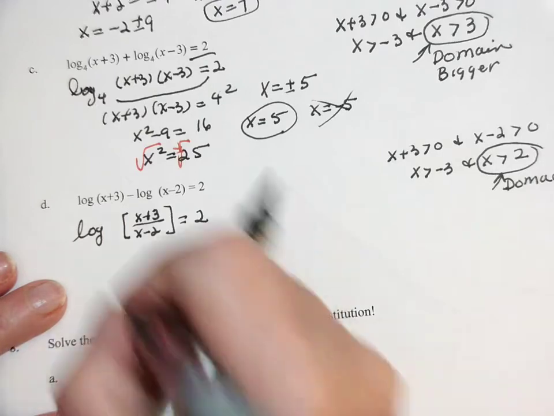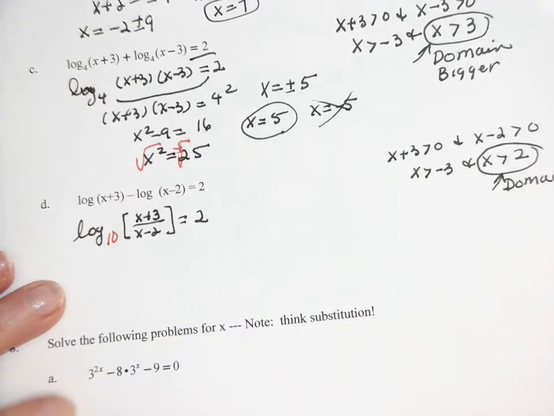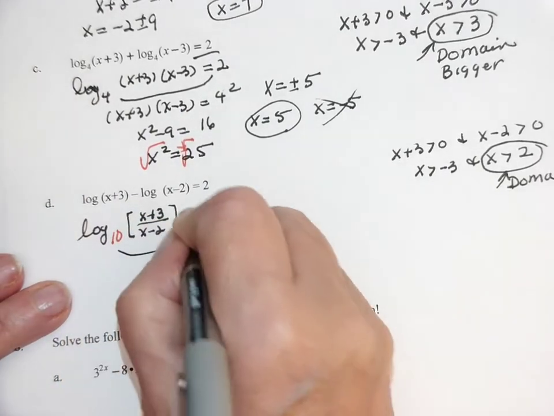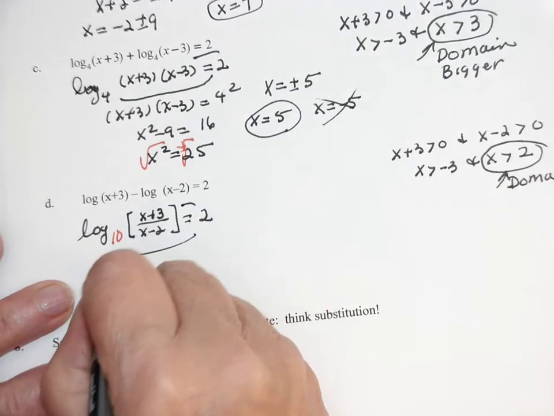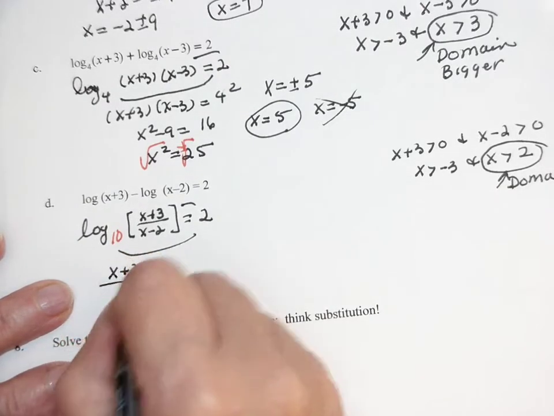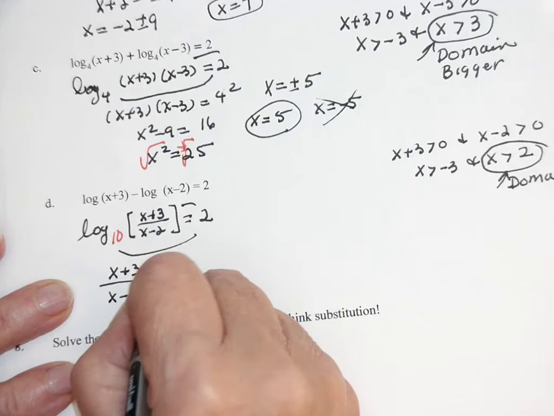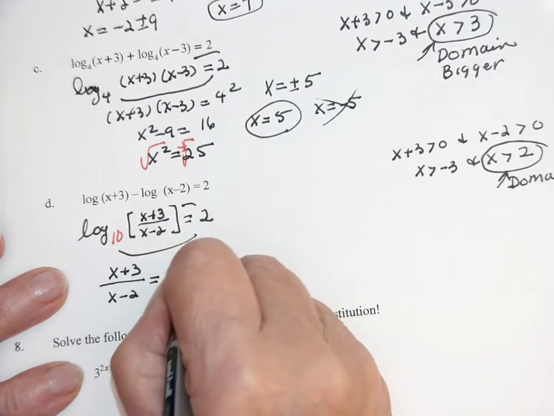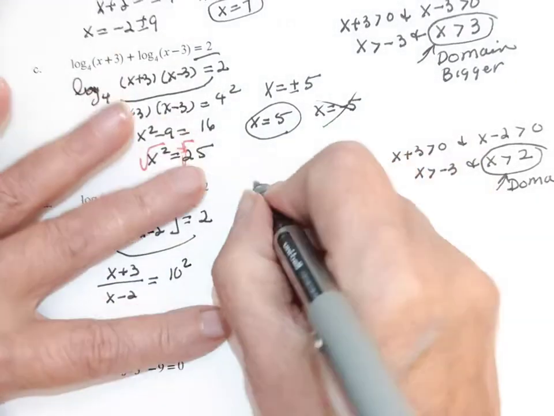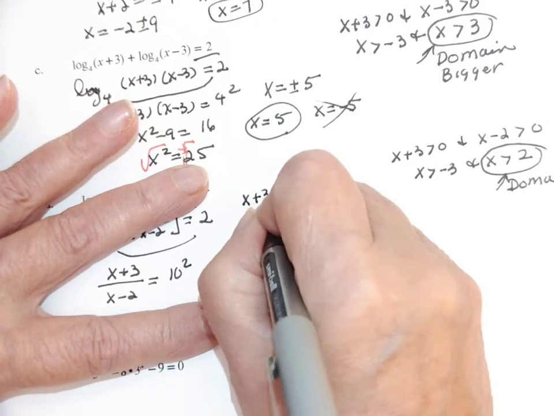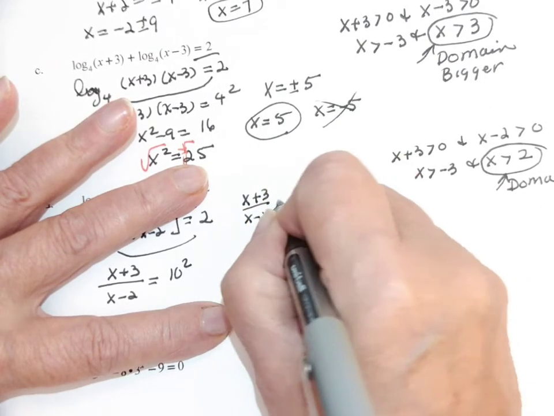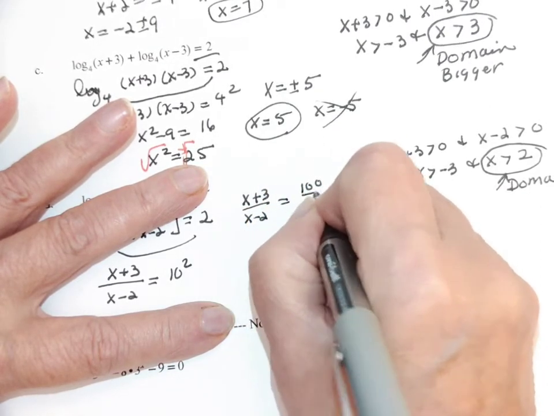Now remember, the base on this one is 10. So 10 squared is equal to the argument, x plus 3 over x minus 2 equals 10 squared, or x plus 3 over x minus 2 equals 100 over 1.